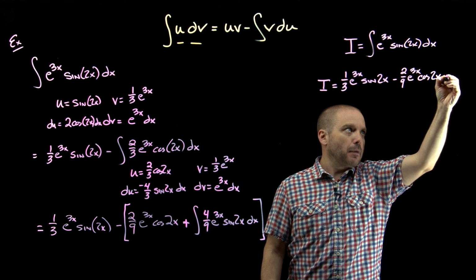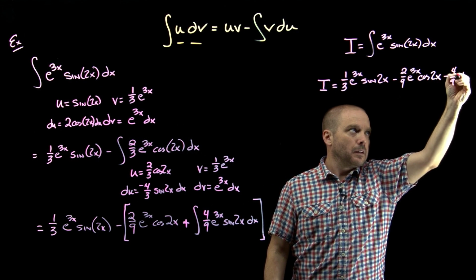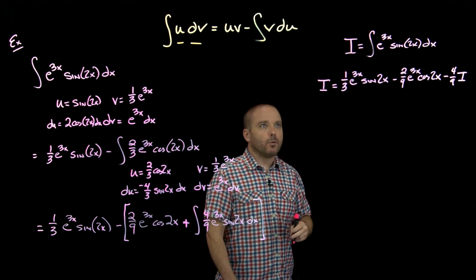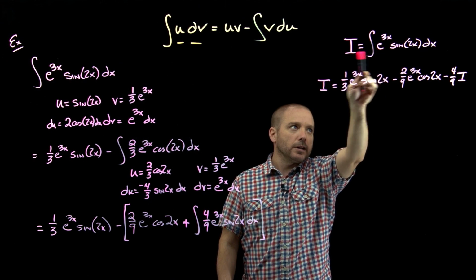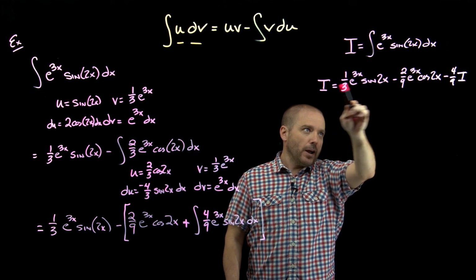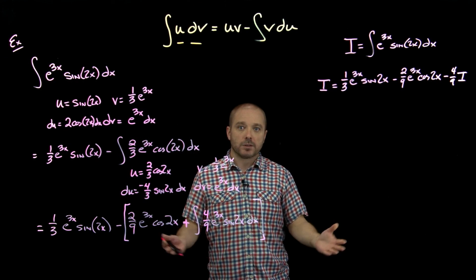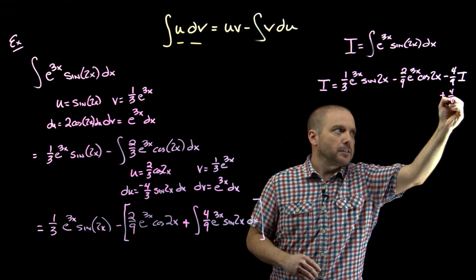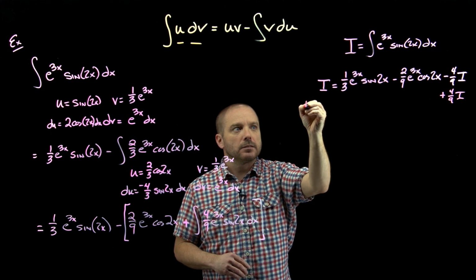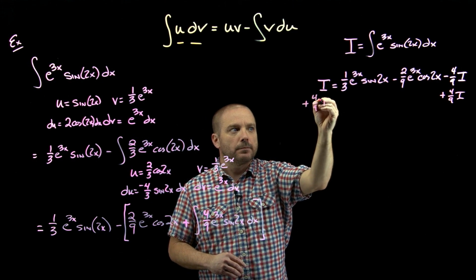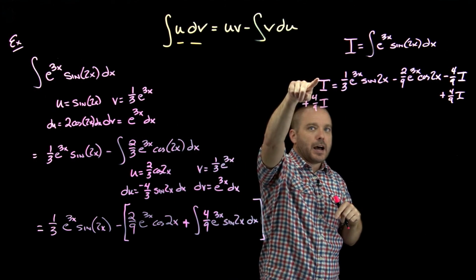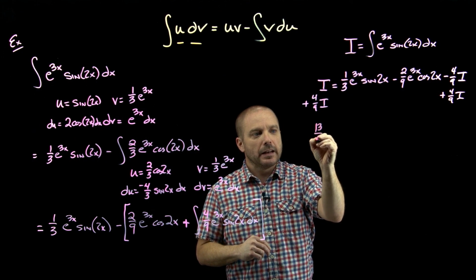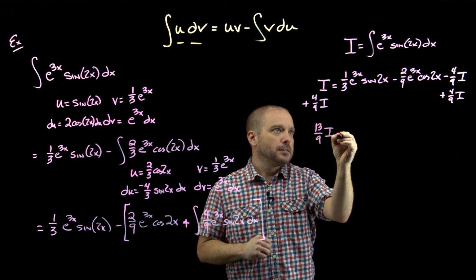So I'm just going to say minus 4/9 I. And what do we want to know? We want to know what is this integral equal? What is I? Well, now we have a little algebra problem here, and we want to solve for I. So I'm going to add 4/9 of this integral to both sides. Well, I have 1I plus 4/9 I, which is 13/9 of I.